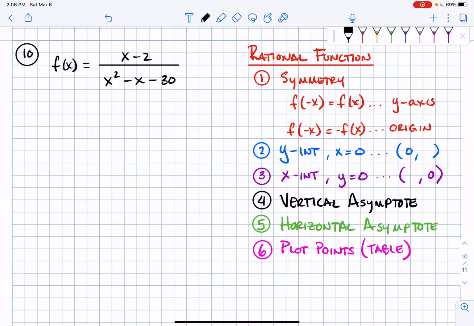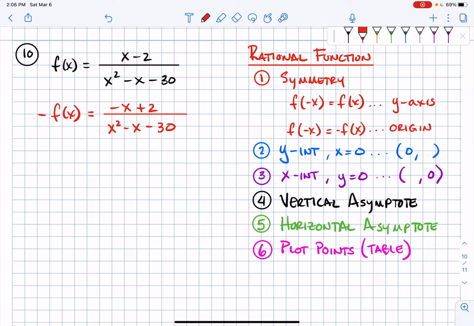So the first step is going to be symmetry. So since I have f of x already, let's find negative f of x. Well, I have to negate either the top or the bottom. Let's negate the top. So that would be my negative x.